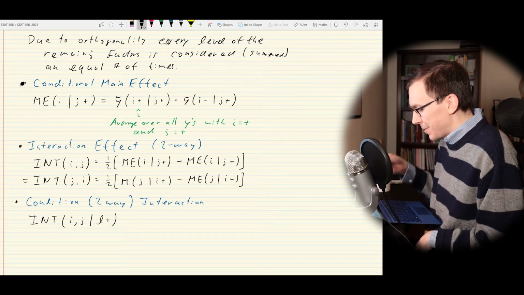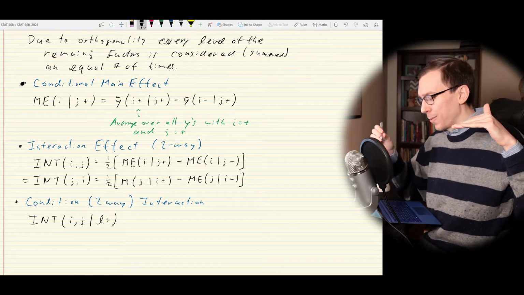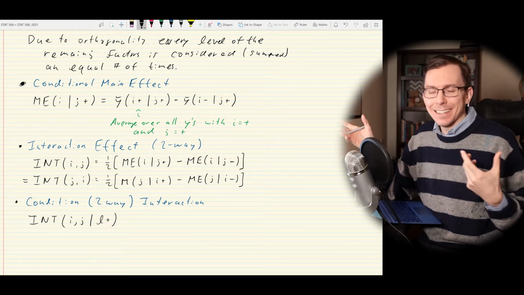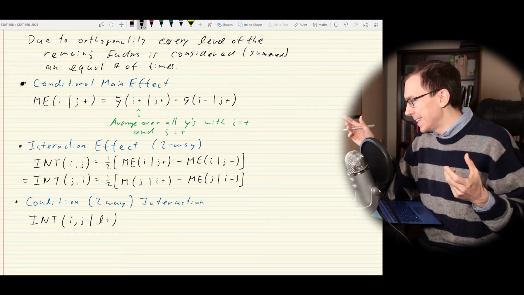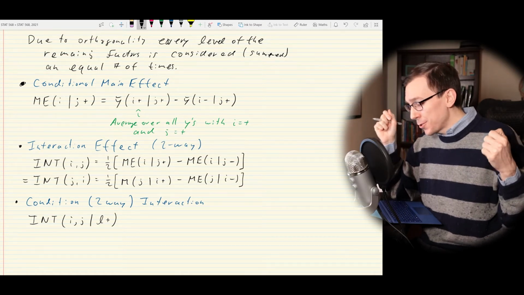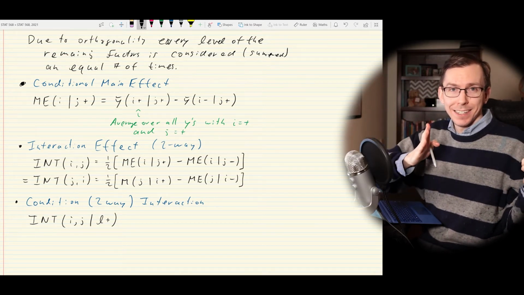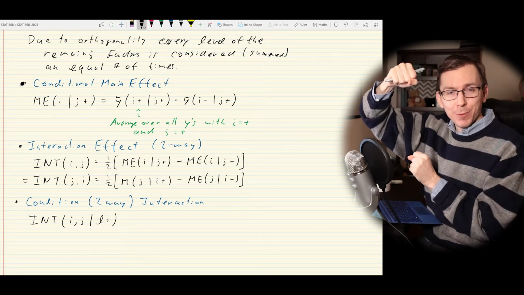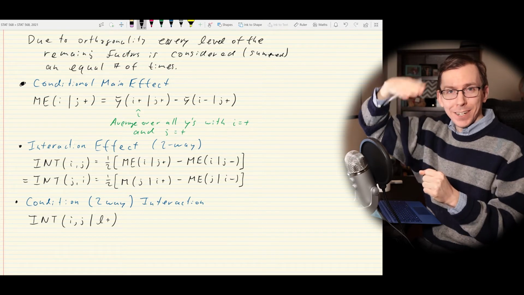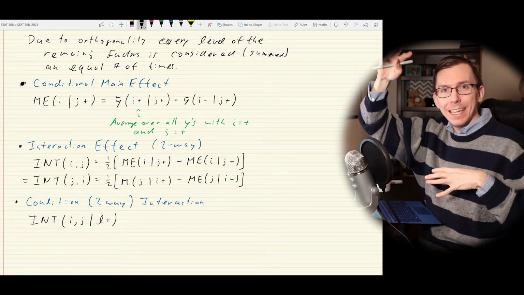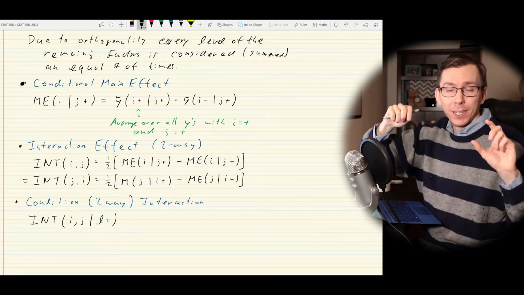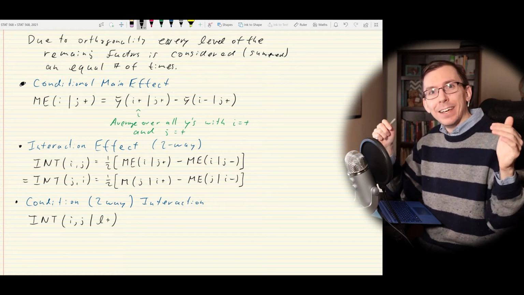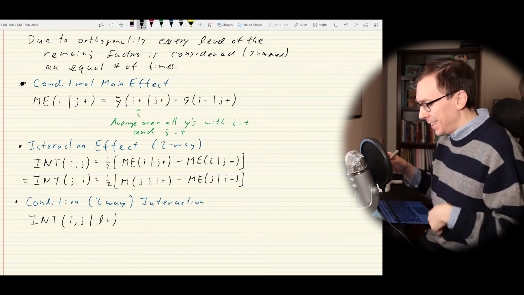So we'll say if L is fixed at a plus, what's the interaction between I and j? Now, notationally, it looks a little bit awkward and messy, but intuitively, all we're doing is going to the L column and only taking those observations where L is equal to a plus. So we've cut our data set in half. And now within that subset of our data, we want to look at the interaction between I and j. So it's the interaction of I and j for a fixed level of L.